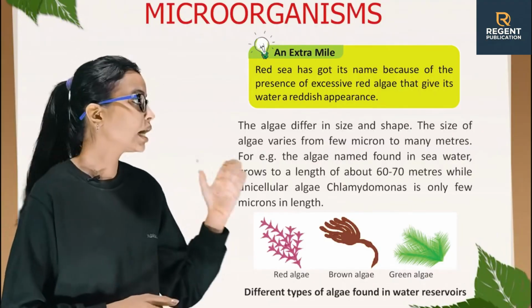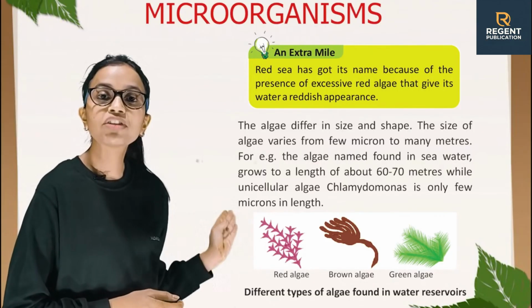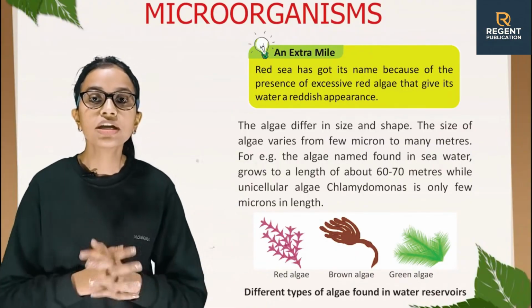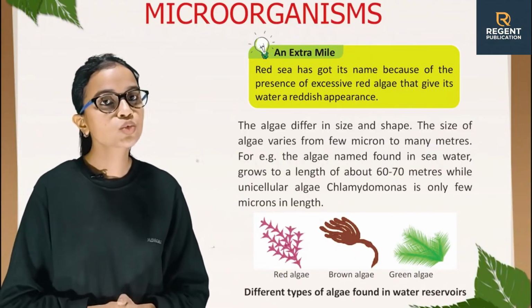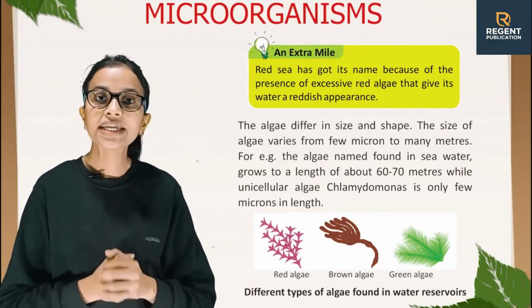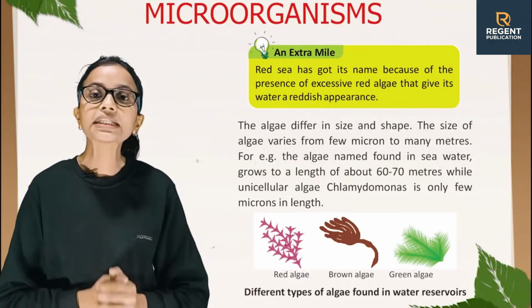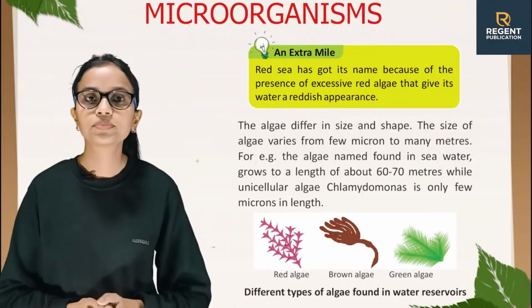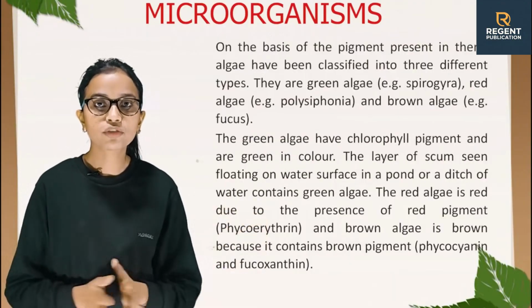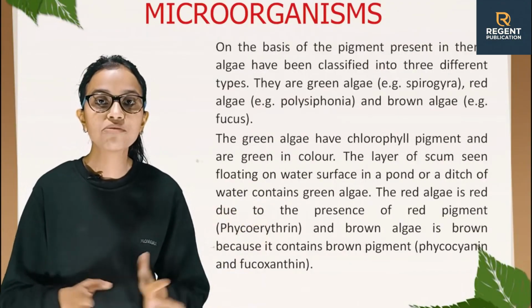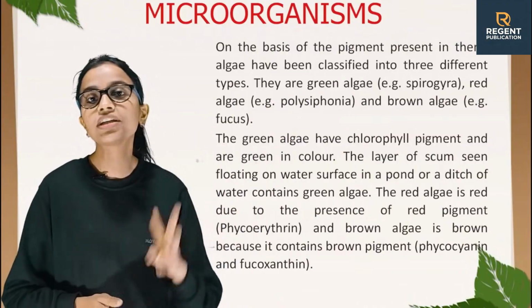So these are the pictures showing different types of algae found in water reservoirs. The first one is red algae, the second one is brown algae, and the third one is green algae. On the basis of the pigment present in them, algae have been classified into three different types.